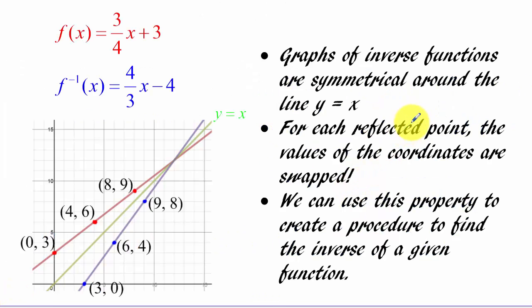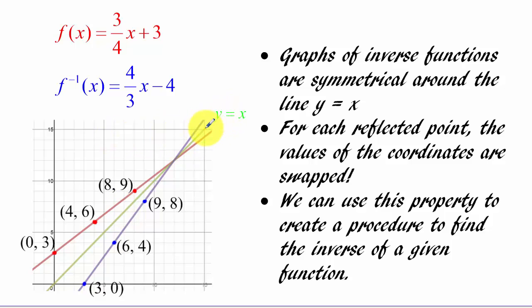Now sometimes we'll be looking at inverse functions graphically, and so I've written 2 functions. In red is a linear function f of x, and in blue is the inverse of that function. And if we look at the graphs, I've also graphed this line y equals x. That's the 45-degree diagonal line where in every point the x and y match.